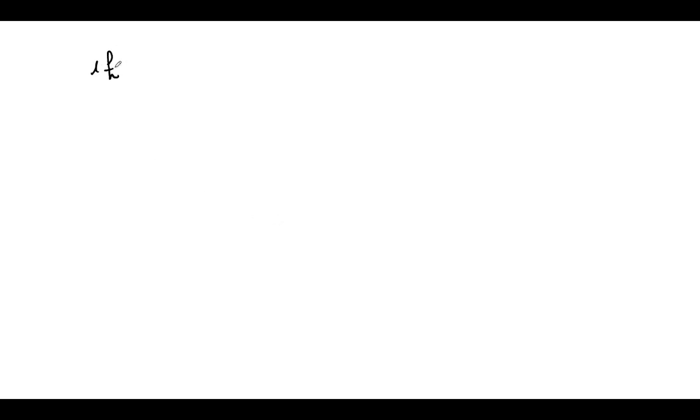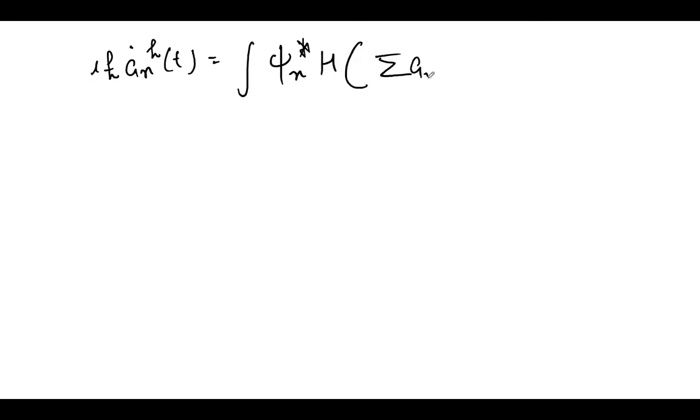i h bar a n dot of k t equal to the integral of phi n star H, with psi k of t equal to the summation of a m k of t. That is for any other states. Suppose the system state is represented as the mth state.